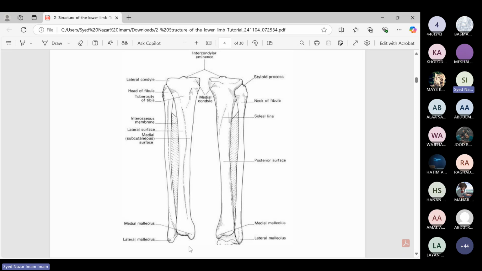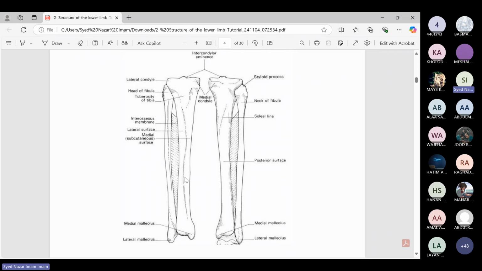So the lower limb is divided into three different regions: the thigh, the leg, and the foot.